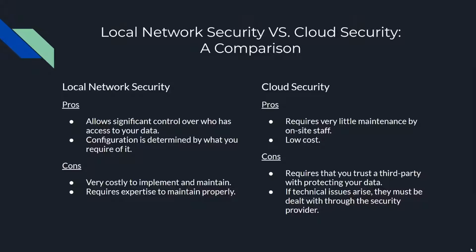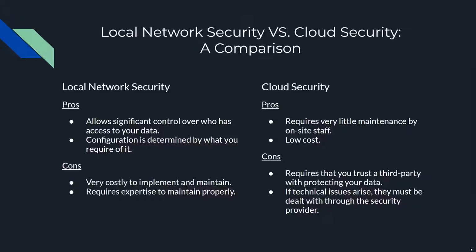Moving on to the next slide, however, is the difference between the pros and cons of local networks versus cloud security. Local networks allow you to have greater control over the information within the organization in which it is implemented, but maintaining it costs a significant amount, particularly because the expertise and part replacement required makes costs exorbitant for it.